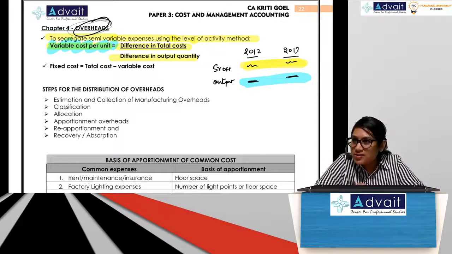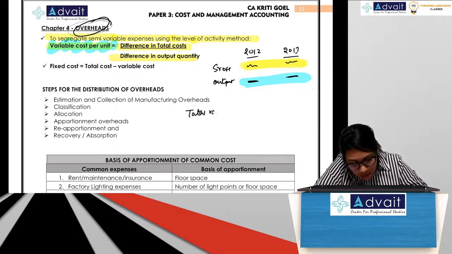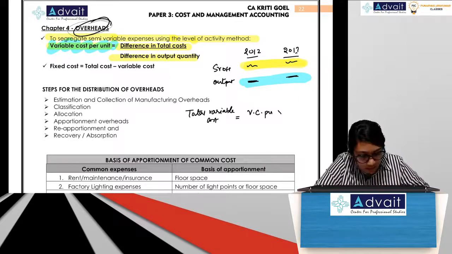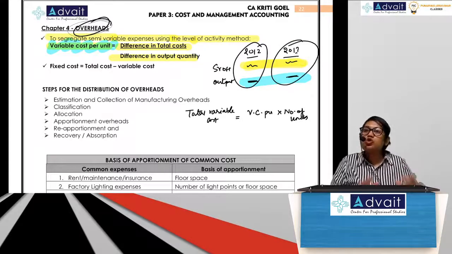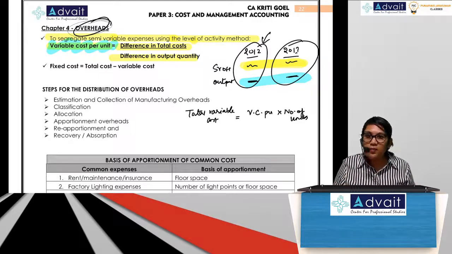Now guys, if you get the variable cost per unit, it is very easy to find out everything else. Because total variable cost can be calculated how? Variable cost per unit into number of units. So between 2012 and 2013, you choose whatever you want. Let's choose 2012. So you've already got variable cost per unit.